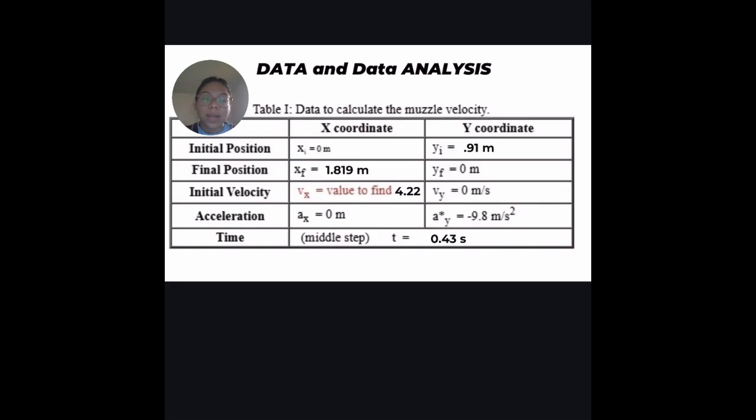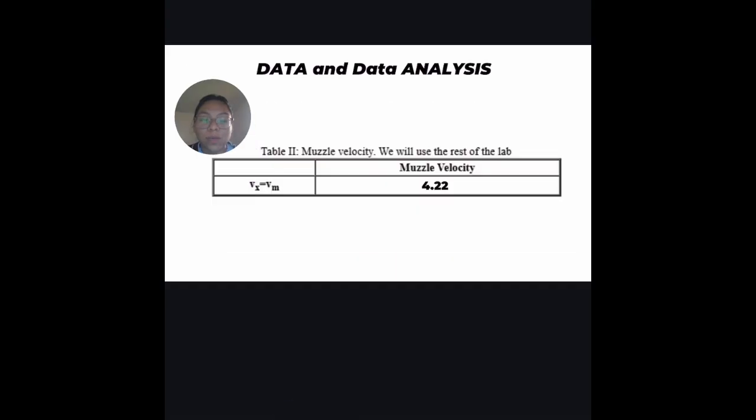So this is the table we had started with, and then using the average that we got from the distance when we launched the 5 times, we averaged it out, and then this is just our table with our full information that we got from our formulas. And then this is just a table where we put the information we had once we calculated our muzzle velocity using the average and our time formula. And from our time formula, we found our muzzle velocity, which was the same as our initial velocity.